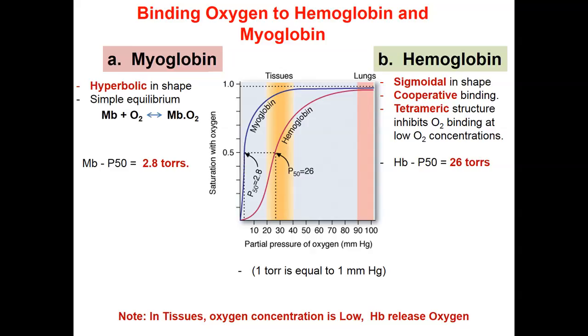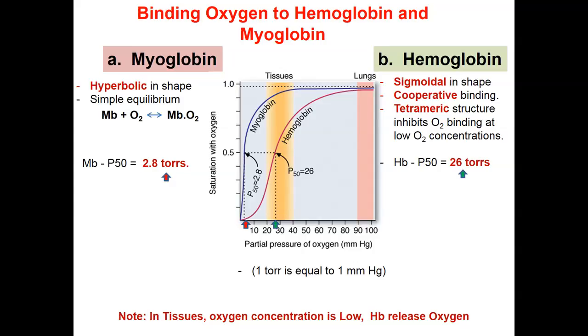But look at the hemoglobin curve: the fraction bound increases, but it takes a lot longer before it goes up. Look at the two KDs here. This is the KD1 for myoglobin, and KD2 for hemoglobin. Which one has a higher affinity for oxygen? Myoglobin, and that has a lot of meaning, because you want myoglobin to bind to oxygen where hemoglobin doesn't want to bind. So keep this in mind.